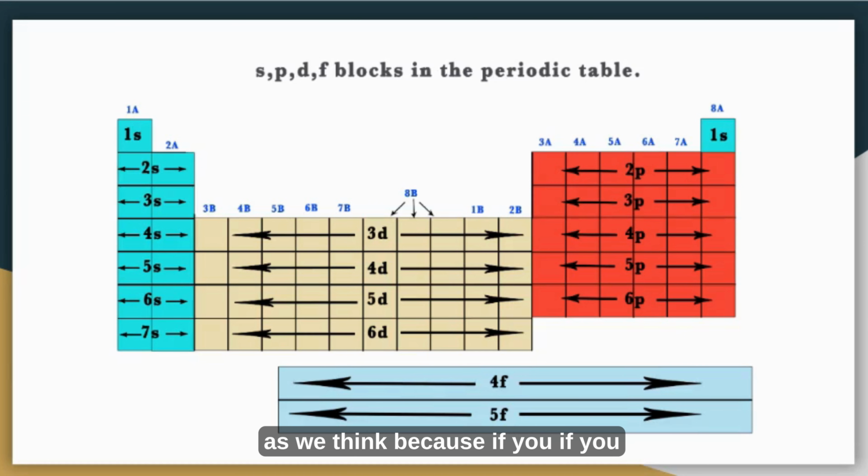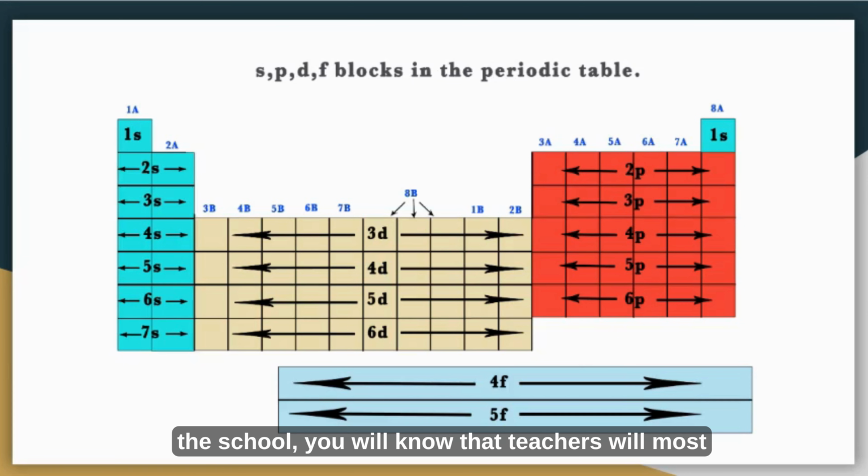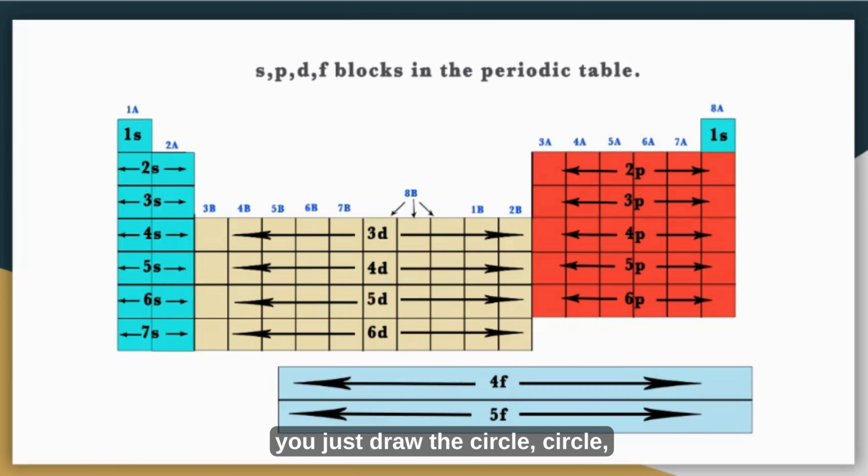If you ever took any chemistry class in school, you'll know that teachers will most likely draw a Bohr model where you just draw circle, circle, circle, showing the energy levels.